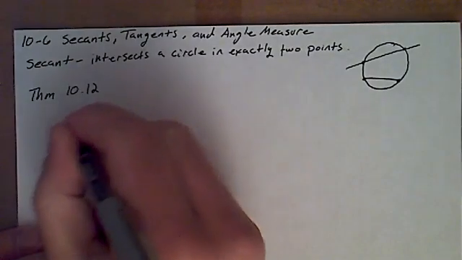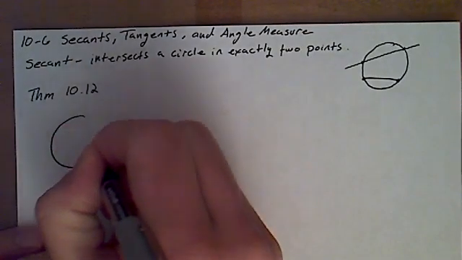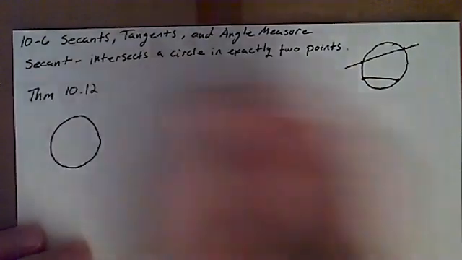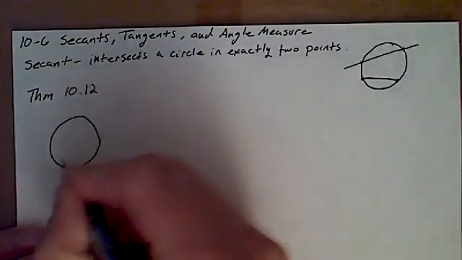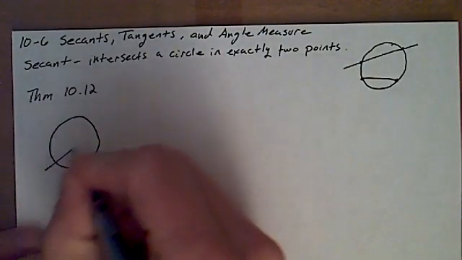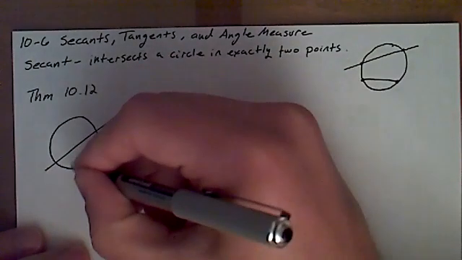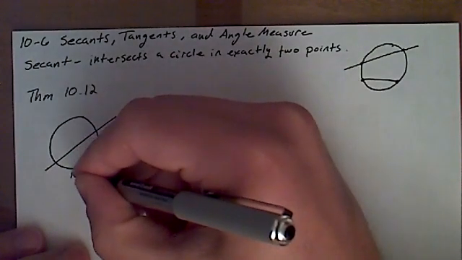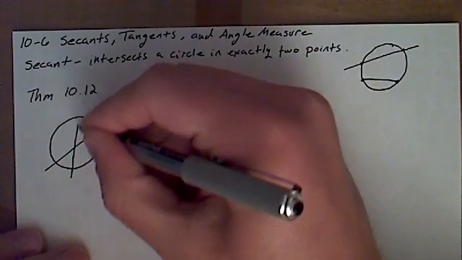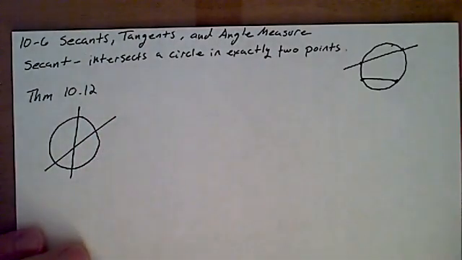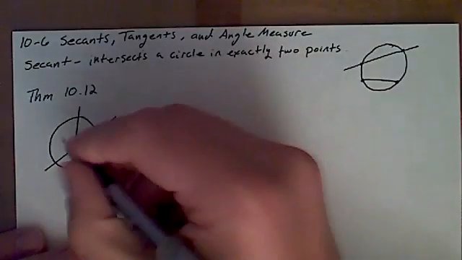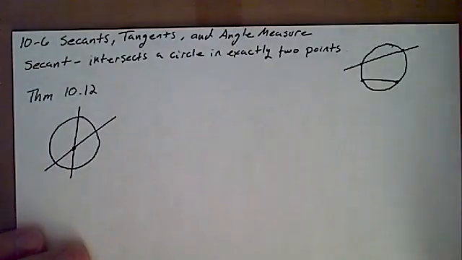So if we have our circle, and we have 2 secants, just to make it very clear, this point is not the center.